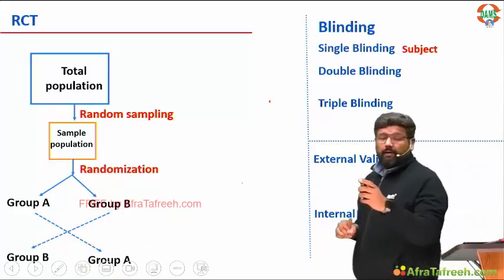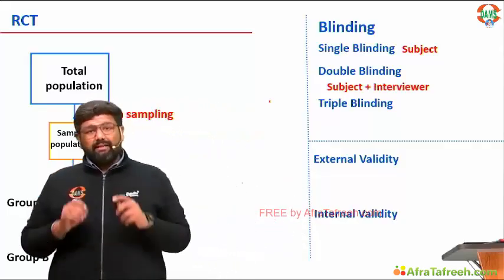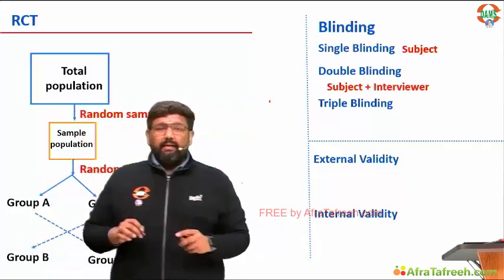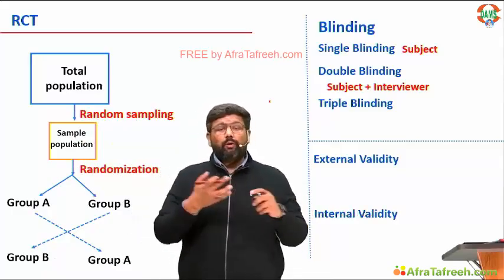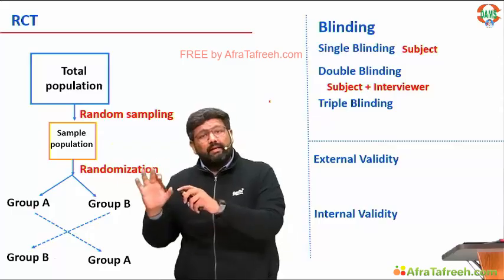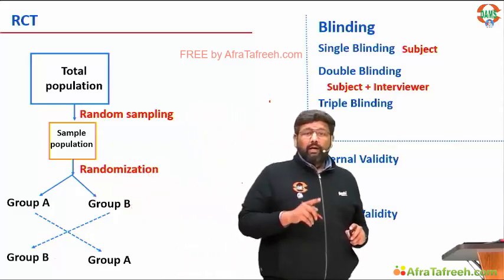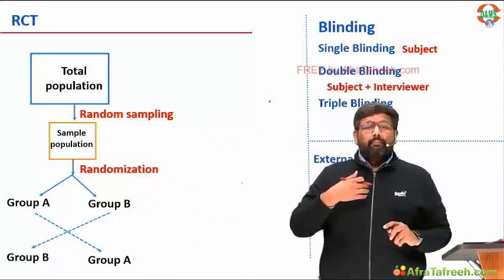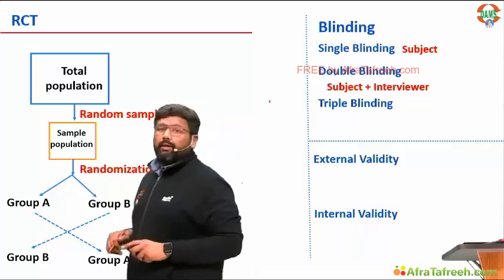So this is the design of RCT. Now, what is single blinding? In single blinding, the subject is not aware whether he is getting new drug or old drug. He knows he is getting a drug, but which one he is not aware. This is single blinding. If along with the subject I am also unaware, this is double blinding. Subject plus interviewer.